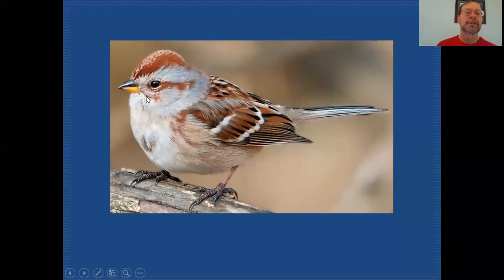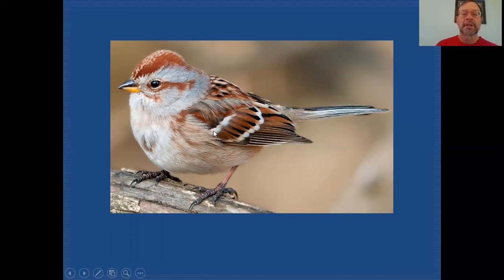There's a hint of a mustachial stripe here, but I don't really see any kind of malar stripe. We have a crown that for the most part is rufous in color, and because this bird's in such fresh plumage, we do have kind of a dusting of gray that appears to be forming a median crown stripe, which this species really doesn't have. So that's just kind of a dusting that's temporary.